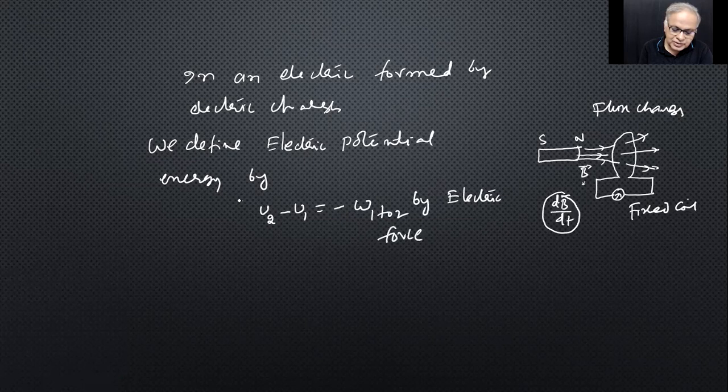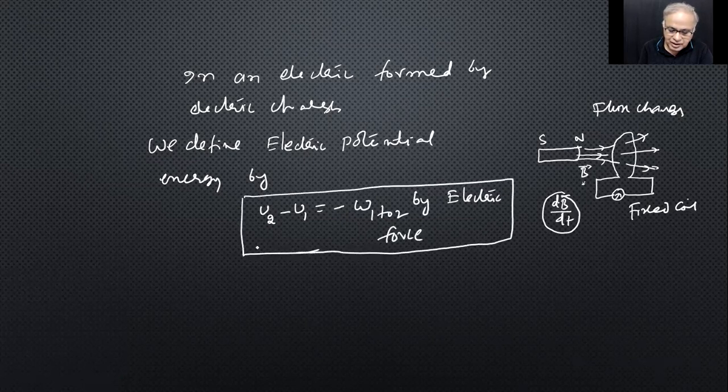Why am I writing like this? This looks smaller, isn't it, in terms of the characters? That integral sign 1 to 2 F dot dr looks a little big and scary. So the whole idea of physics is formulation, like big ideas will be converted to small mathematical equations. So here U2 minus U1 equals minus W12 by the electric force.